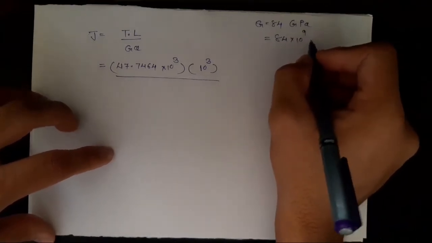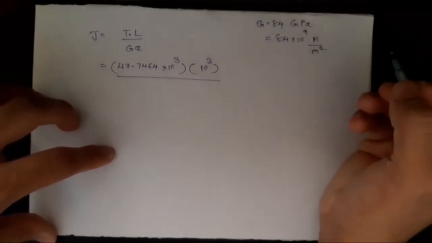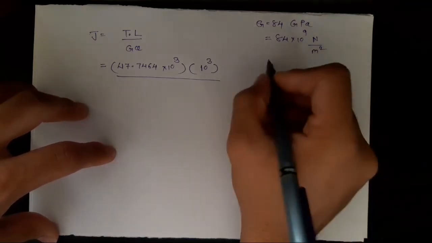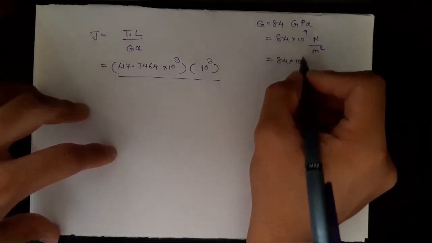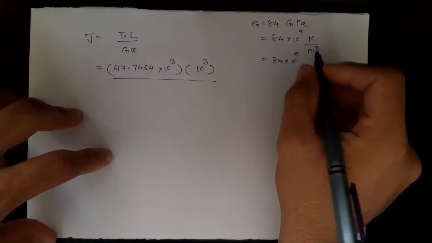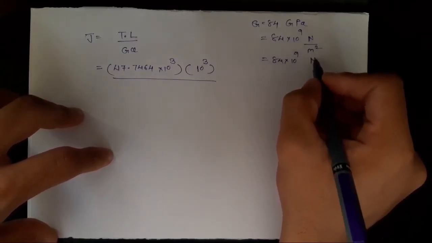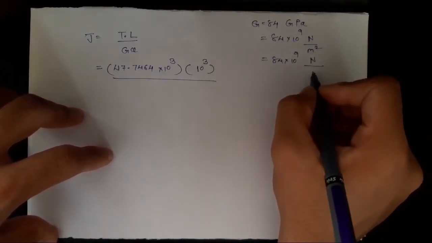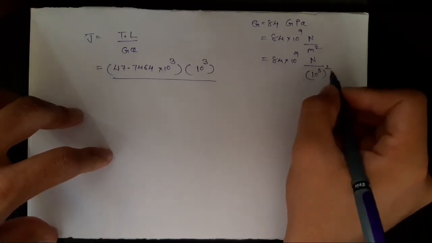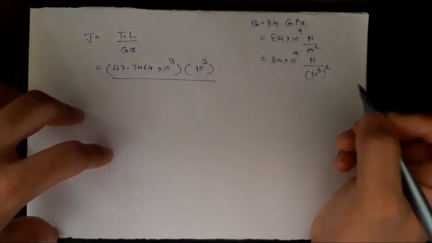What is Pascal? Pascal is Newton per meter square. So 84 into 10 raised to 9 Newton per meter square. Since 1 meter equals 10 raised to 3 mm, a meter square is 10 raised to 6 mm square.